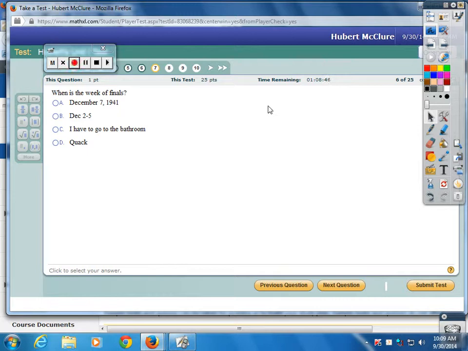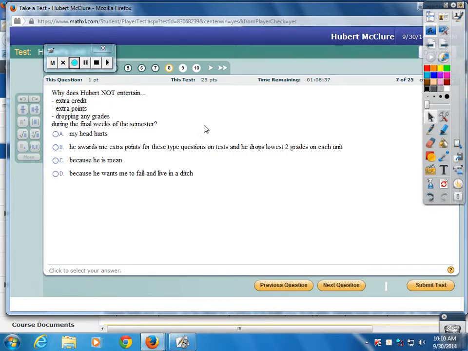When is the week of finals? It's only one possible answer. Okay, it's not supposed to do this. It's supposed to mix them up, but evidently, since I'm taking the test, it's not doing that. Why does Hubert not entertain extra points, extra credit, or dropping any grades during the final weeks of the semester?